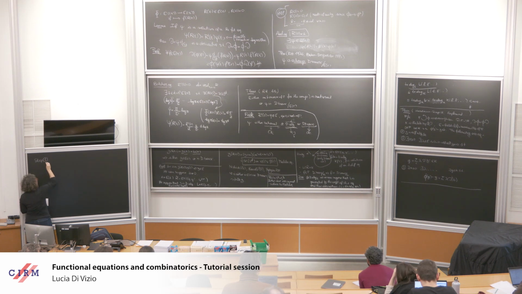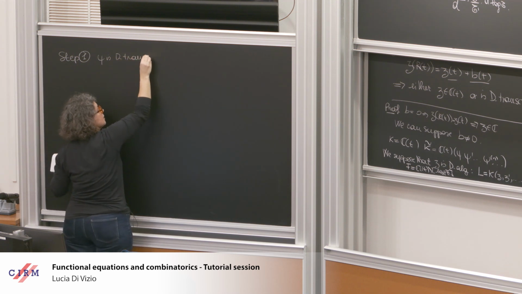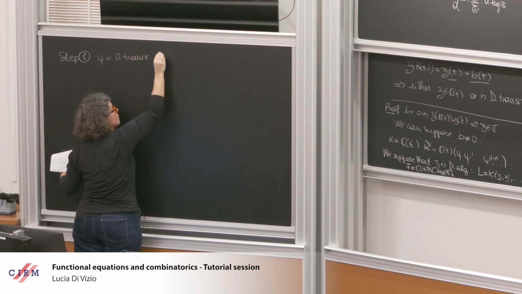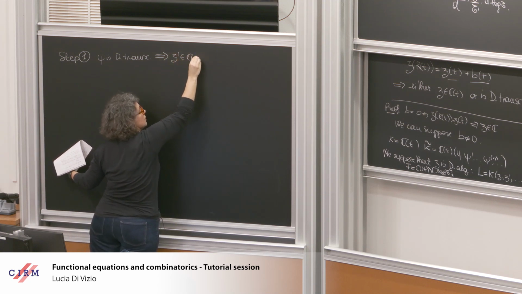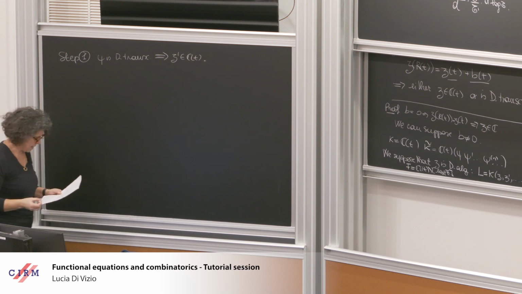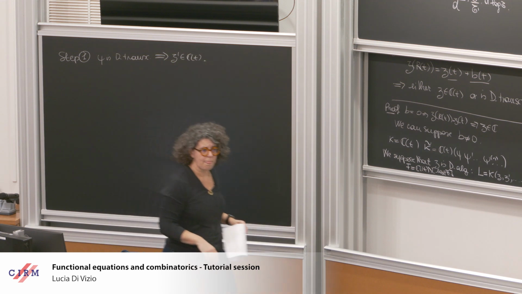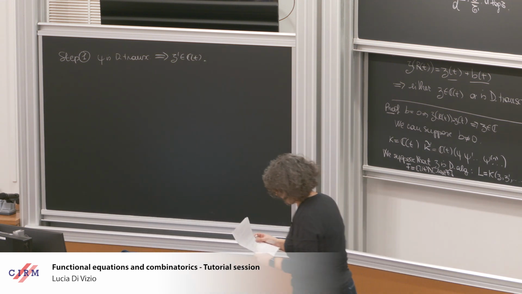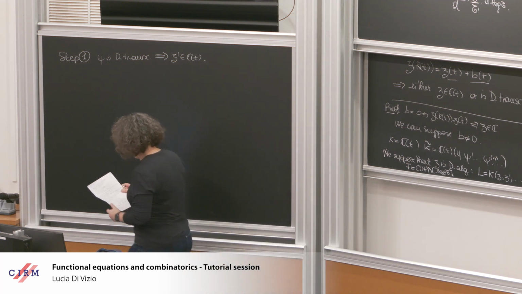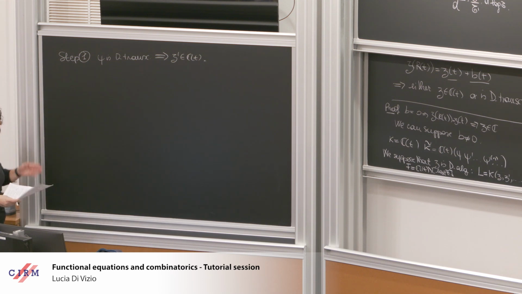step 1, is that if psi is transcendental, then z prime is a rational function. So to prove this, one uses, of course, the theorem there.